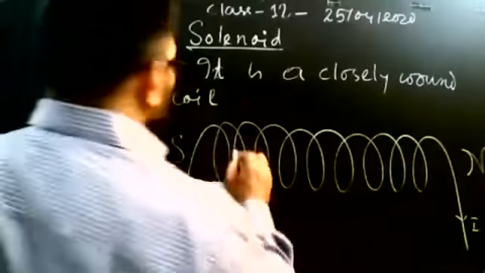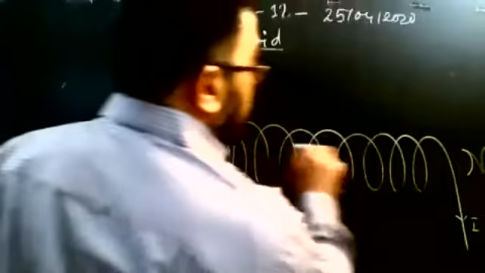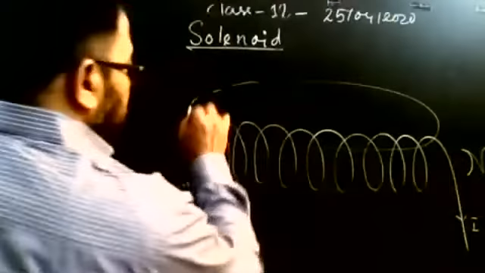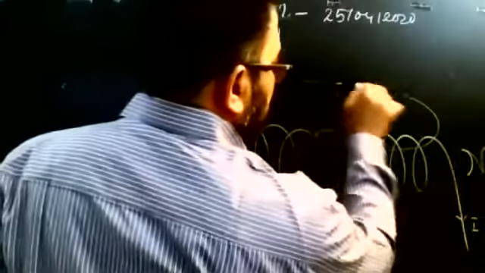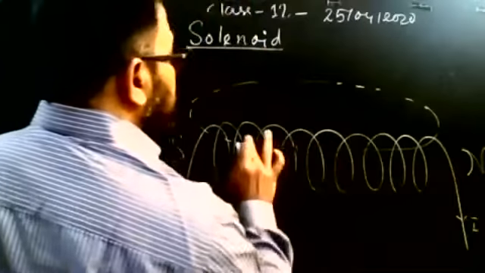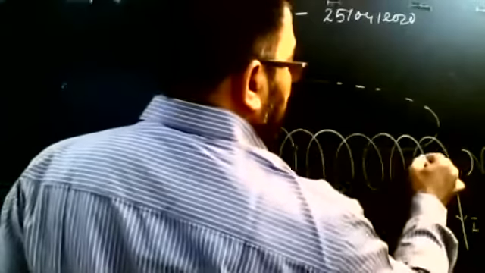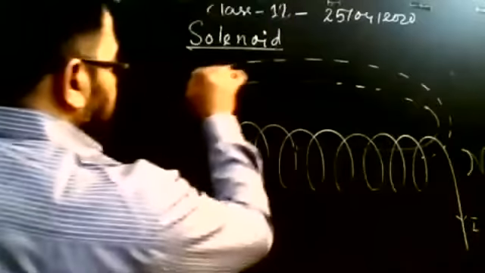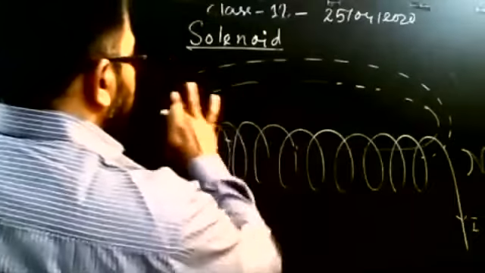The lines of force, those are the magnetic lines of force, shown as a dotted line, suppose. The magnetic lines of force will be in both directions.